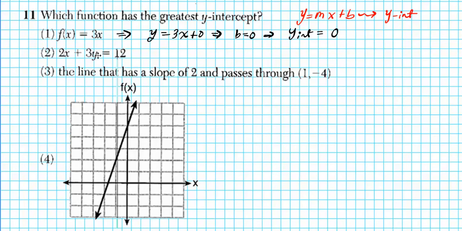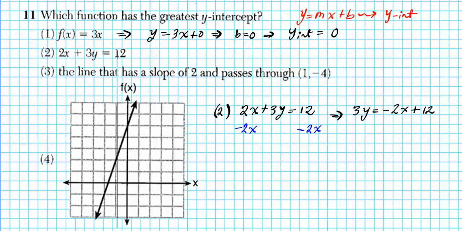All right, let's move on to option 2. We have 2x plus 3y equals 12. We can convert this into slope-intercept form because that form makes the determination of the y-intercept easier. We need to get y by itself. So we subtract 2x from both sides. That gives us 3y equals negative 2x plus 12.